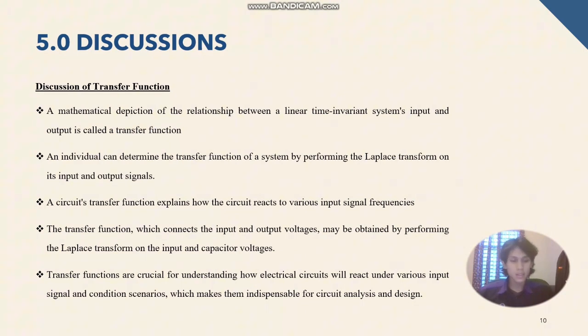An individual can determine the transfer function of a system by performing the Laplace transform on its input and output signals. So a circuit's transfer function explains how the circuit reacts to various input signal frequencies. In the frequency domain, it is basically the ratio of the output signal to the input signal.